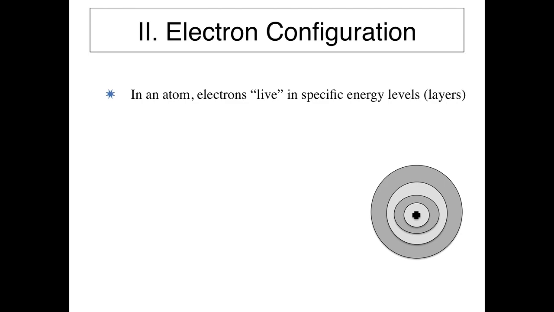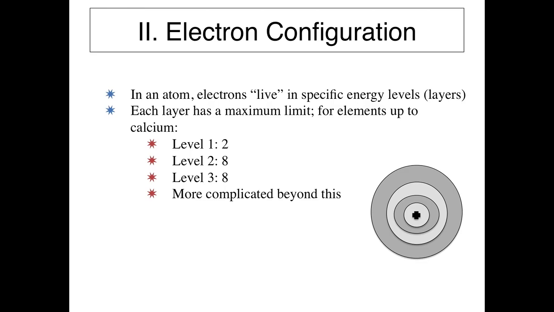Previously, we vaguely said that electrons are located on the outside of the nucleus. Specifically though, electrons live in discrete energy levels, or we can call them layers, just like layers of an onion. And in each layer, there is a maximum amount of electrons that it can contain. For example, in level 1, you can have only 2 electrons.